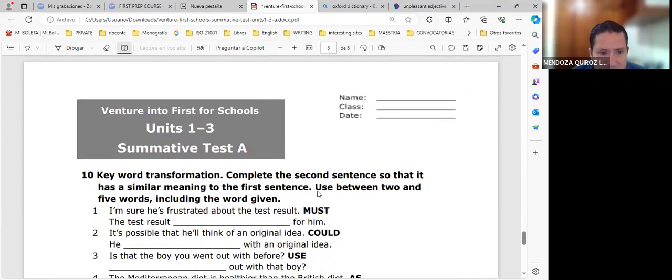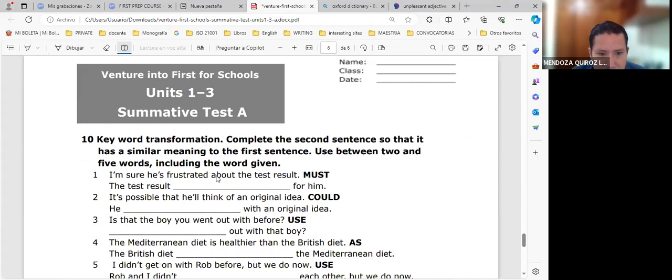Let's continue with this one, keyword transformation, no? Here you have to reformulate the original sentence using the word given, and trying not to change the original meaning of the sentence. For example, number one says, I'm sure he's frustrated about the test result. Now, you're gonna use the modal must to say, I'm sure.